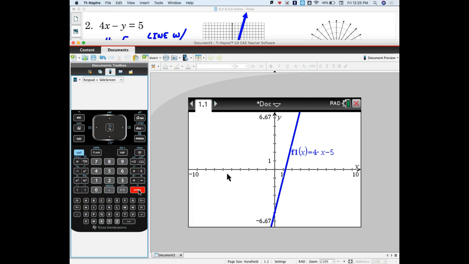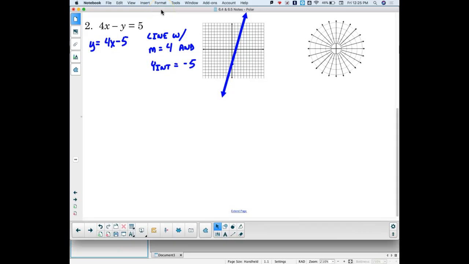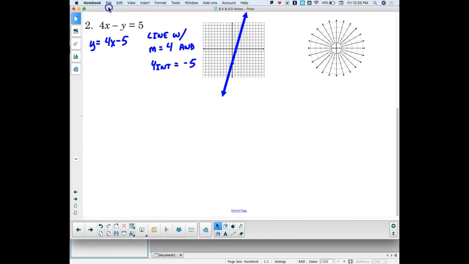So, what tools do we have in our toolbox that we can use to change 4x minus y equals 5 into a polar equation?